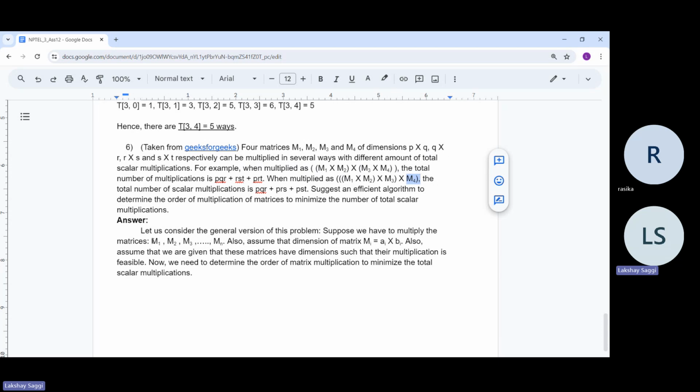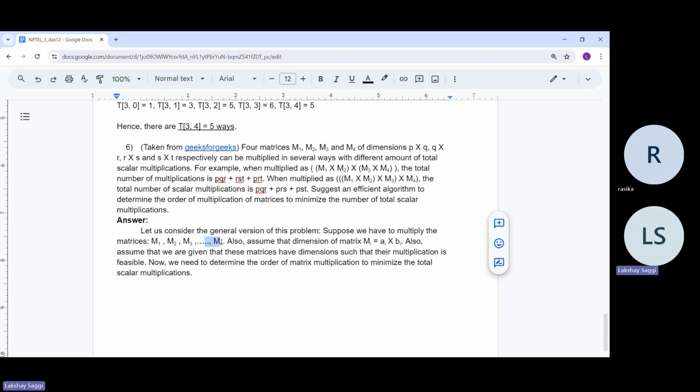What I mean to say is, in the last step, suppose we have some order in which we are multiplying. In the last step, what we'll be left with is multiplying M1, M2, M3 till some Mi with the matrix Mi plus 1, Mi plus 2, Mi plus 3 till Mn.